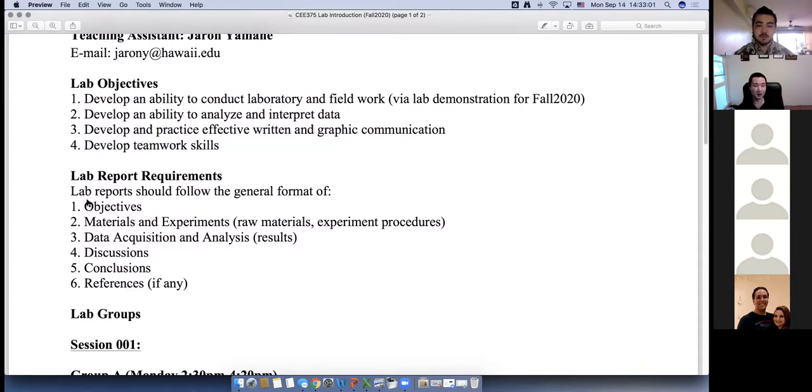I'm not sure how many of us have read a lab report before, but here is the general format of a technical lab report. You need to have a title, then an introduction, which will give the objectives of the experiment. Then introduce the materials and the instruments you use for the lab. This is called the materials and experiment section.